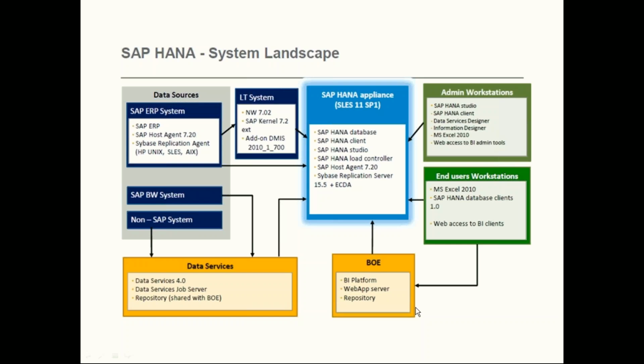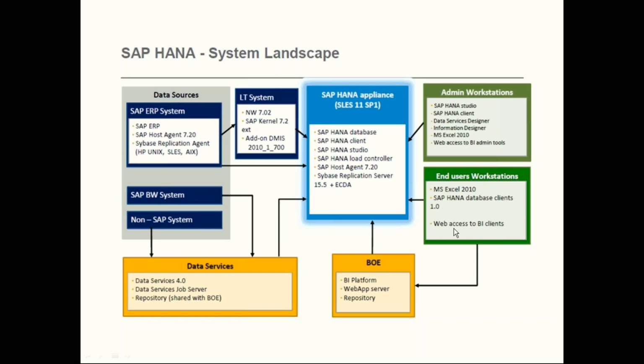Then these BO developers use some tools to establish a connection to HANA. Then they create something called universes, and based on those universes they build the reports. All of these connections, universes and reports, they save into this BO server. Finally, those developed reports are accessed by the end users through web browsers.